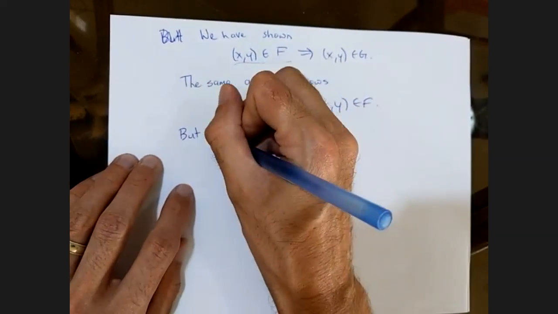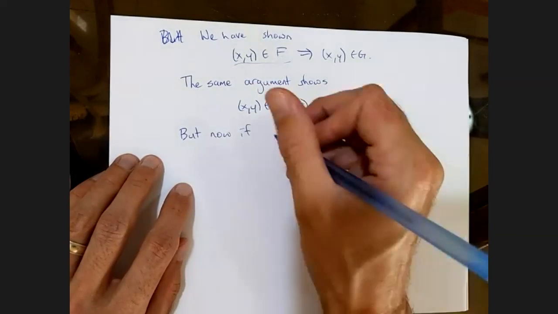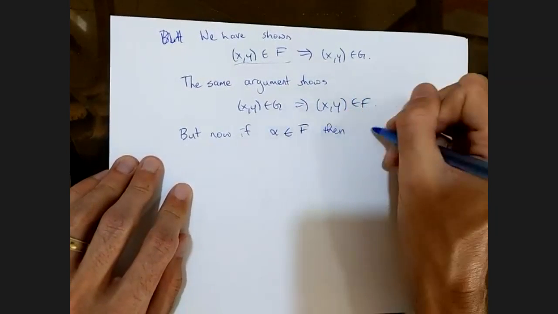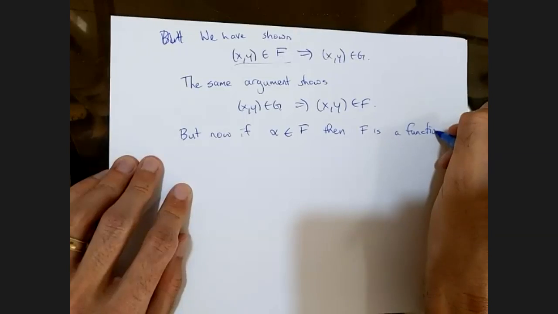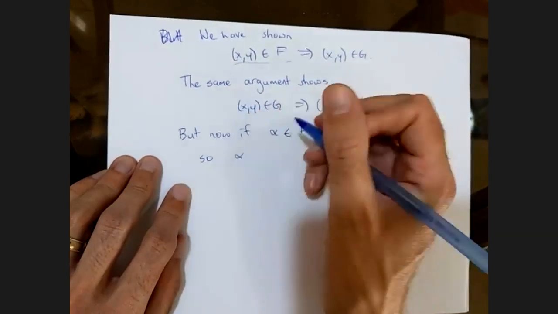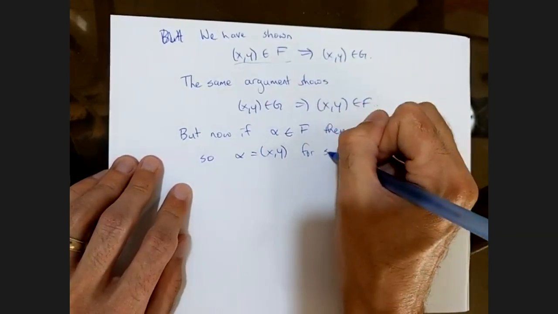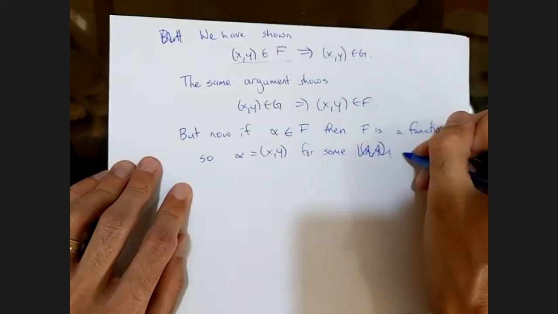But now, let's say if alpha is in F, then F is a function. So alpha is an ordered pair for some xy.